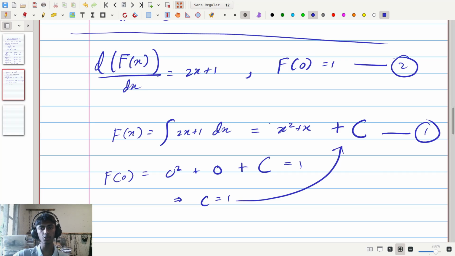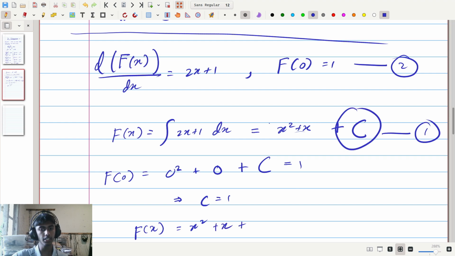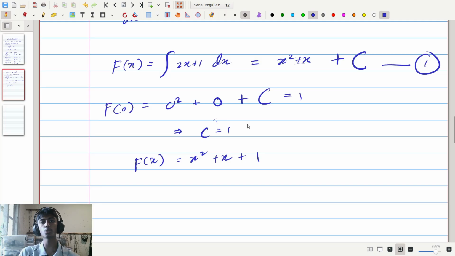Substituting this back into equation number 1, we can see that F of x must then be equal to x squared plus x plus c, and c in this case, from our evaluation of F of 0 equal to 1, we know that the constant c for this particular capital F of x must be equal to 1. So therefore we get that F of x is equal to x squared plus x plus 1.